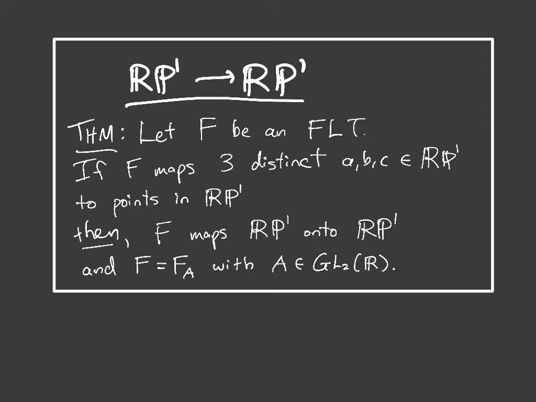Next, let's describe the fractional linear transformations that send RP1 onto itself. So recall RP1 was points in CP1 of the form (S, T), where S and T are real and not both 0.